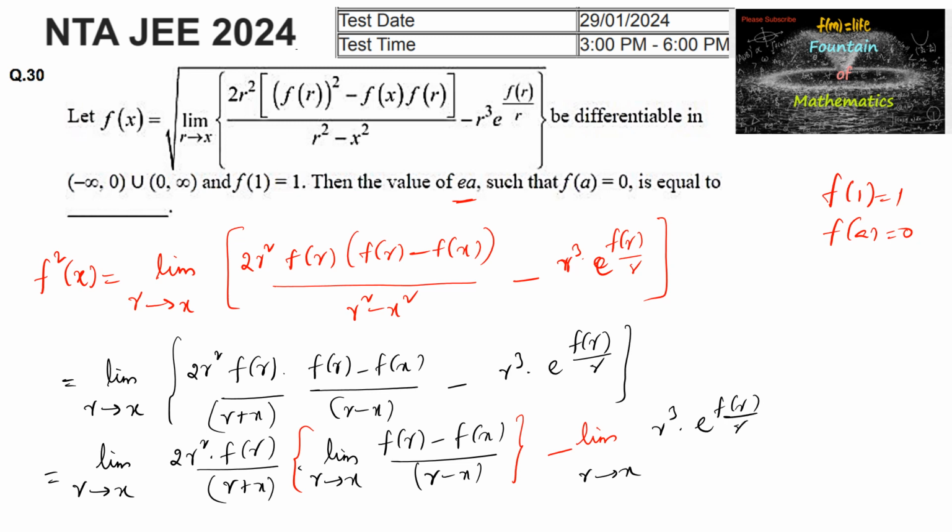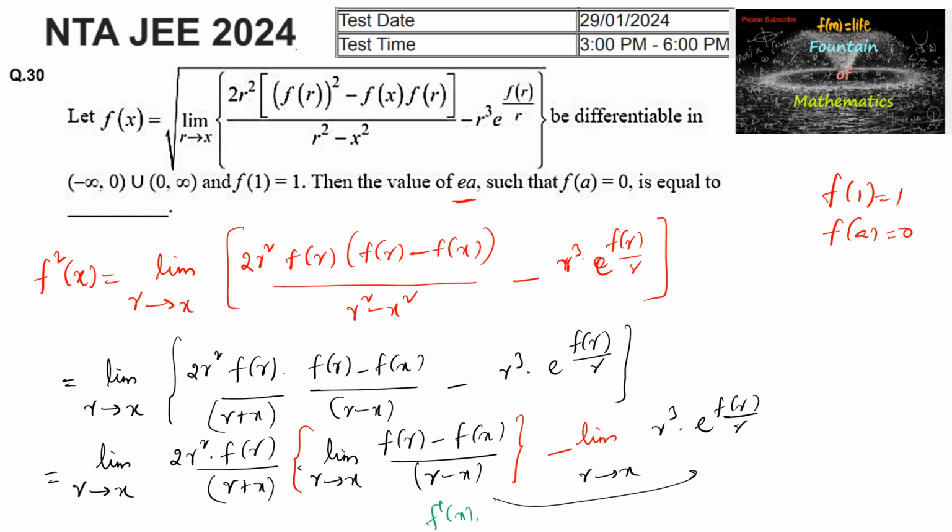So here limit r tends to x f of r minus f of x divided by r minus x can be considered as f dash of x. So this is f dash of x.